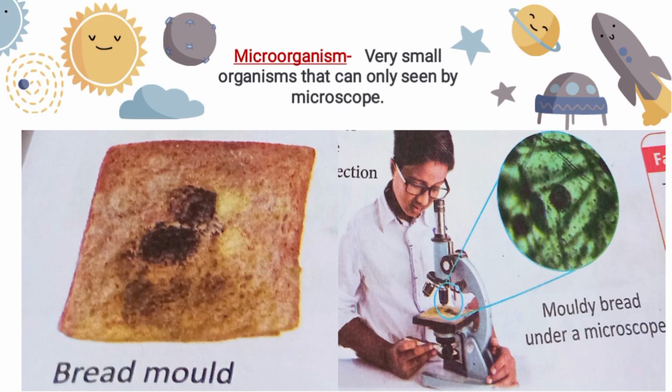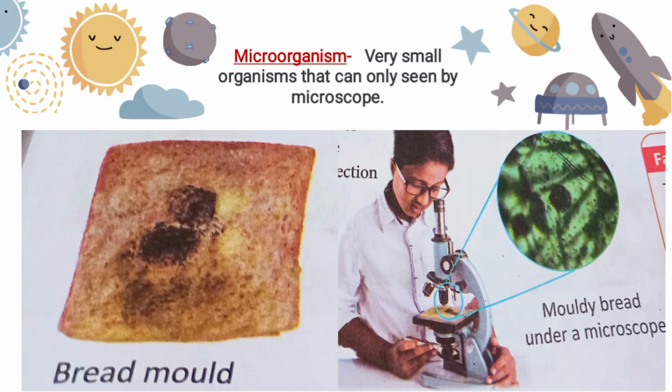Because he already knows that a microscope is very useful to look more clearly at microorganisms. So, when he observed these black and yellow spots, he understood that this is a bread mold.